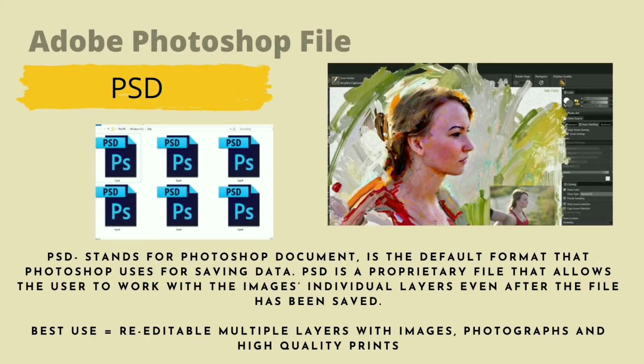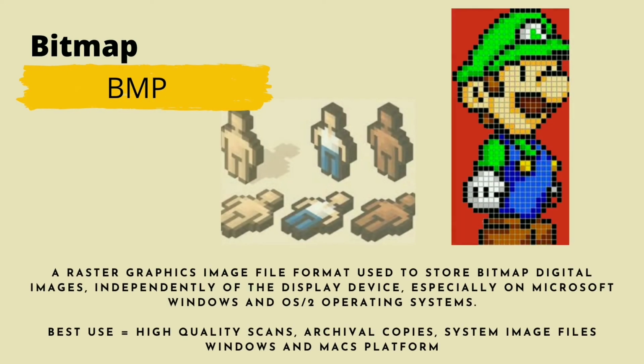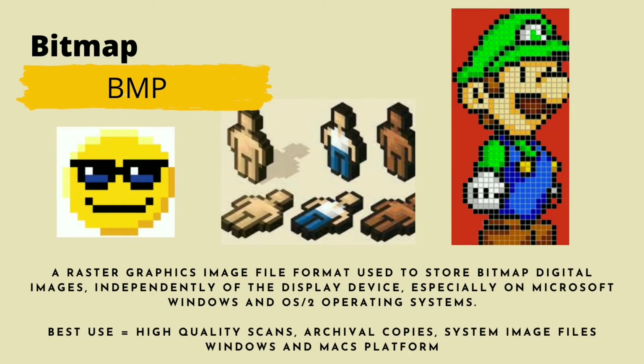Last is BMP, bitmap. The BMP file format, also known as bitmap image file, device independent bitmap file format, and bitmap, is a raster graphics image file format used to store bitmap digital images independently of the display device, especially on Microsoft Windows and OS/2 operating systems.